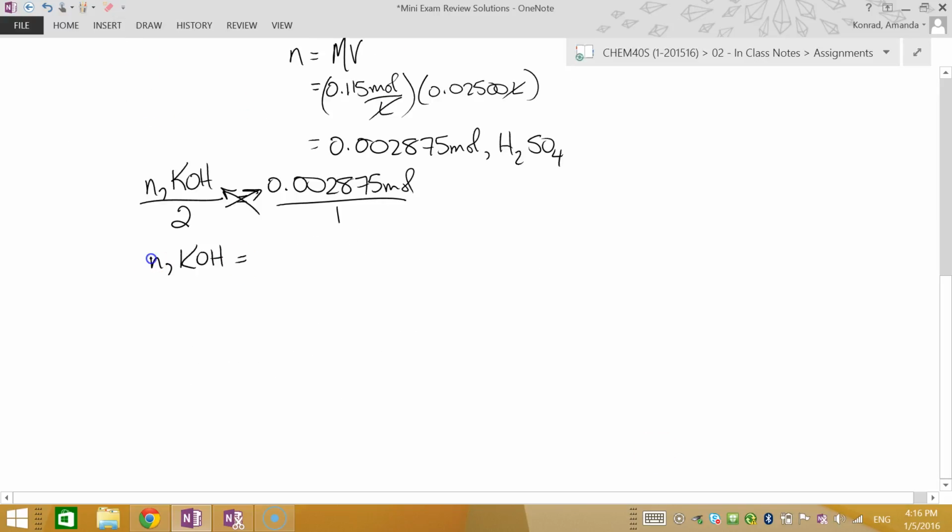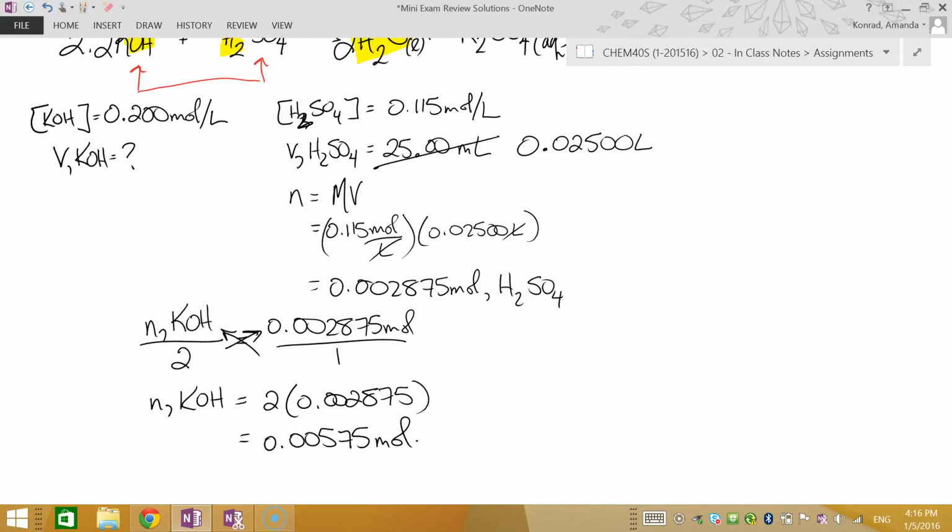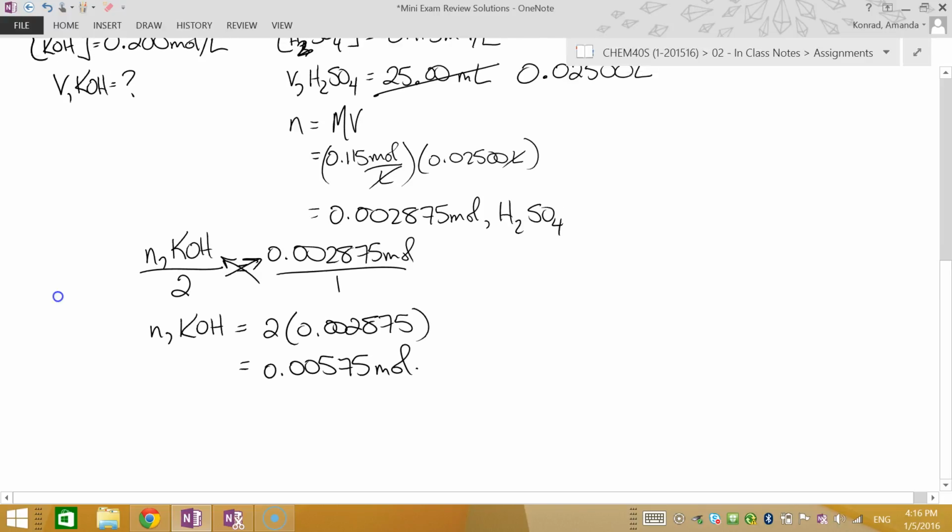And then I have 2 times the number of moles of sulfuric acid, which gives me 0.00575. You'll notice I haven't been rounding this whole time because rounding early in a question will result in different numbers as you keep performing different calculations.